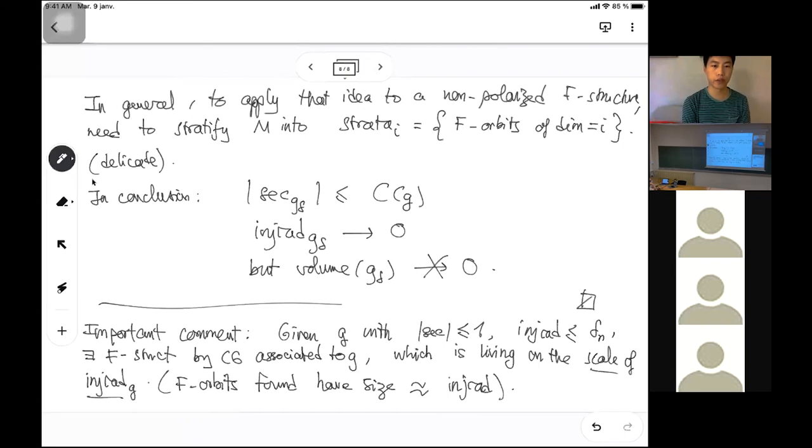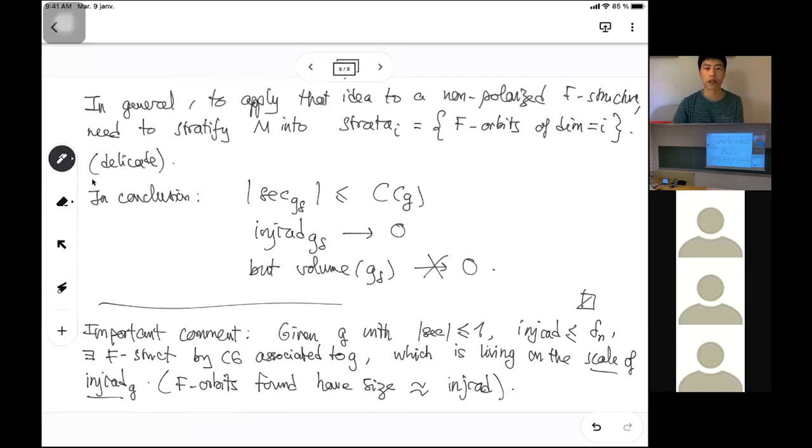So F structures are fine, but we will see in the near future that you have this notion of N structures, and the role of N structures is to describe what's happening at scale 1. So we'll have a complete understanding of the differential structure of collapsed manifolds at scale 1. Right now, we only know what's happening at the scale of the injectivity radius.